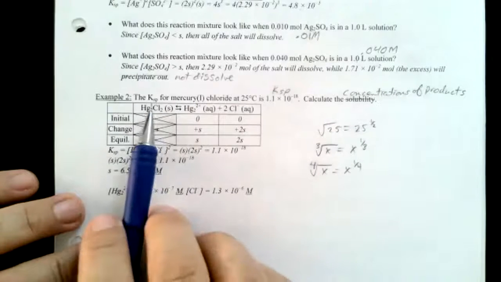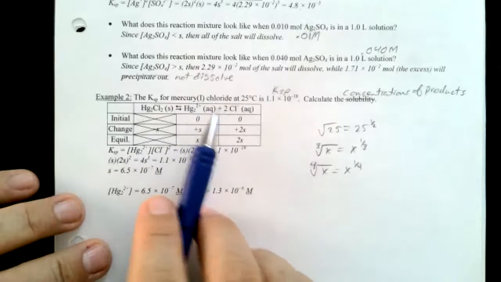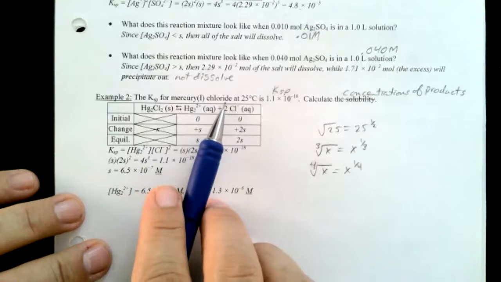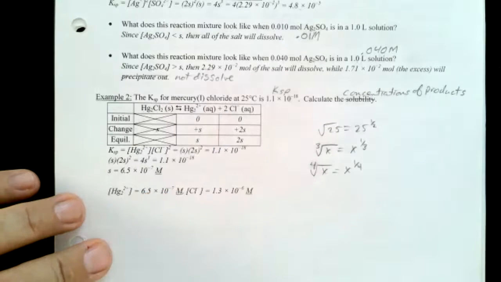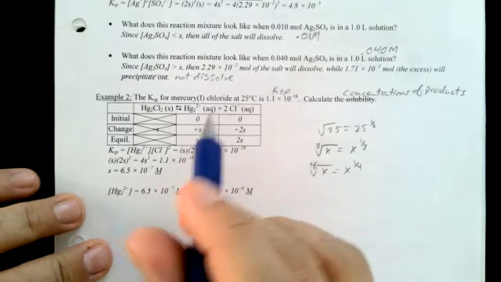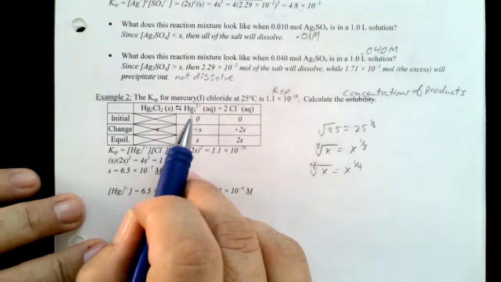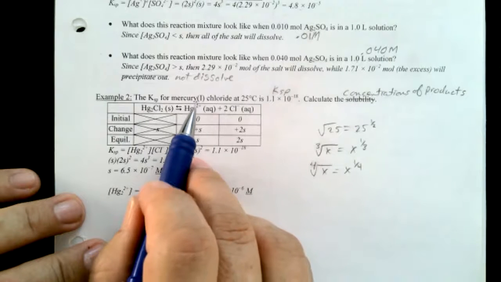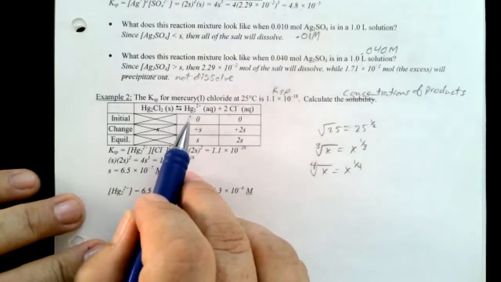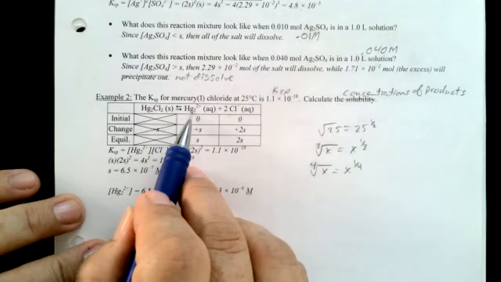So example 2, the KSP for blah, blah. And again, they would give you the formula. Especially in this case, that's really dirty pool. Where did that phrase come from? Billiards, I assume. But there is a super weird thing about mercury: if you have mercury with charge +1, it occurs in pairs. That's how they got this, by the way.